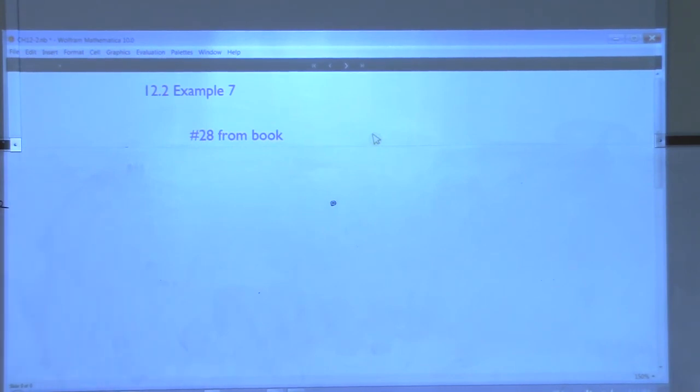So see if you can draw that and then try and figure out what the surface is, what the region on the ground is.